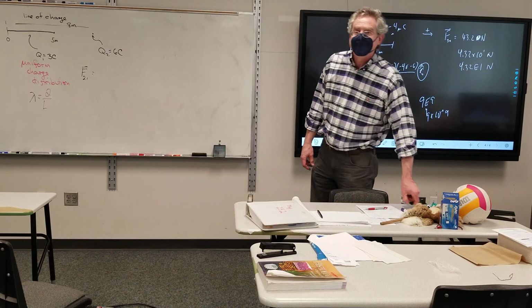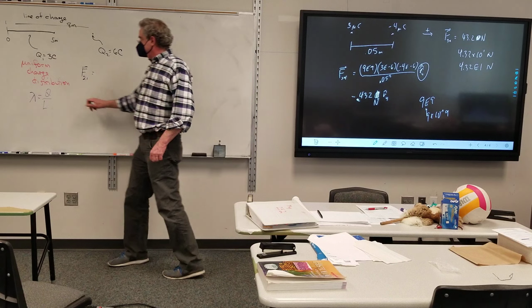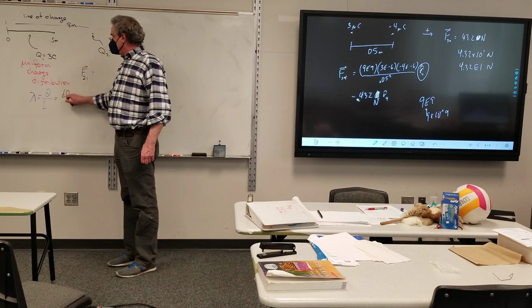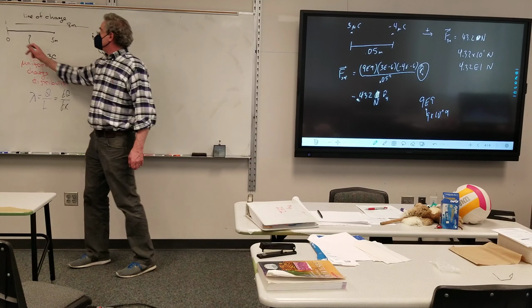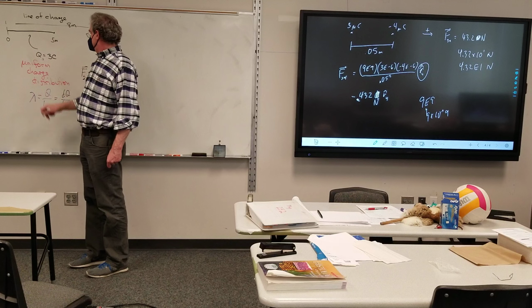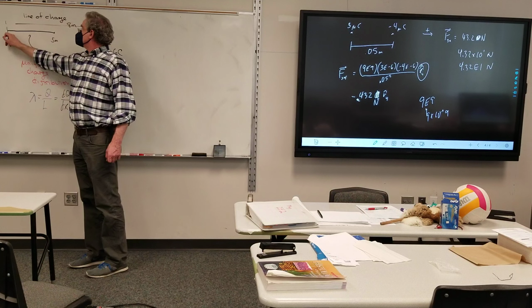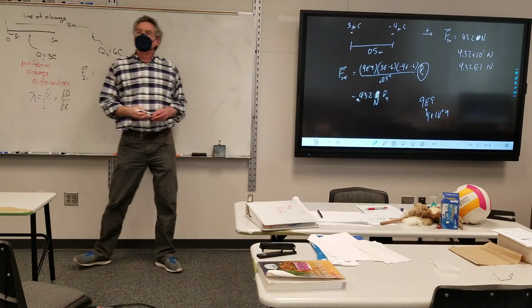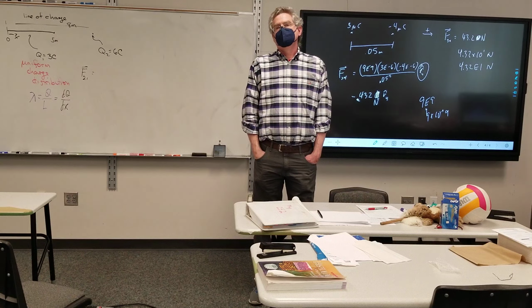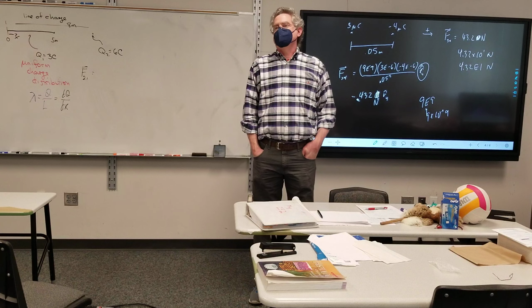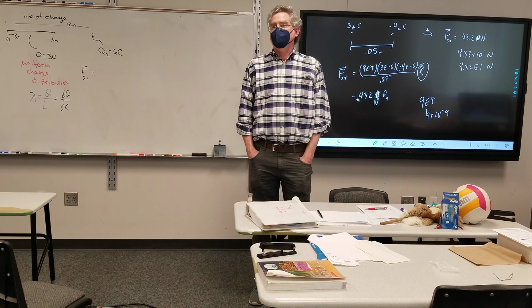Because it's uniform, dq/dx is the same, so we get that. Then we put in the limits. We've got to do something before we get the limits, but yeah, we'll be doing limits.